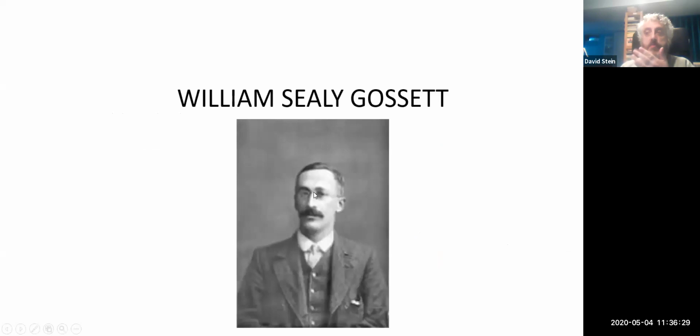So you need to meet this gentleman here. He's one of the giants of statistics history. His name is William Seeley Gossett, attractive looking man, I would say. Let me tell you a little bit about William Seeley Gossett. So Gossett was a student at Oxford in the early 1900s.